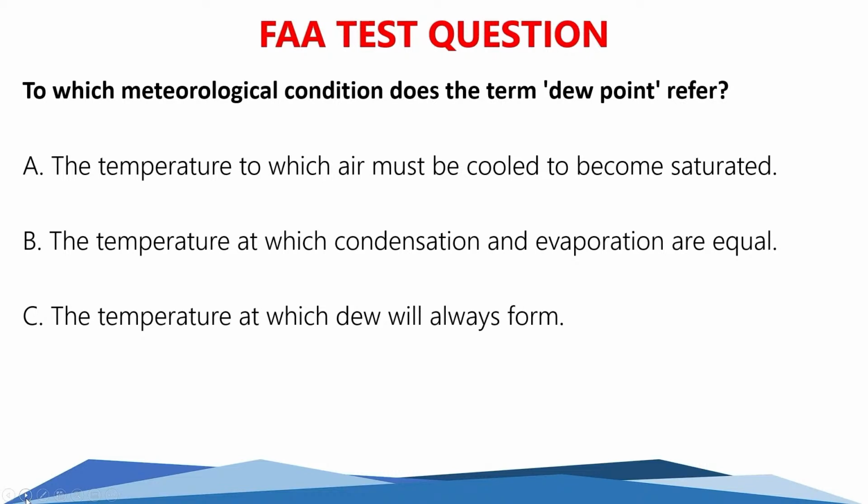Is it A, the temperature to which air must be cooled to become saturated, B, the temperature at which condensation and evaporation are equal, or C, the temperature at which dew will always form? Julie, it does not matter which it is, as long as they're within 6 degrees Fahrenheit of each other.